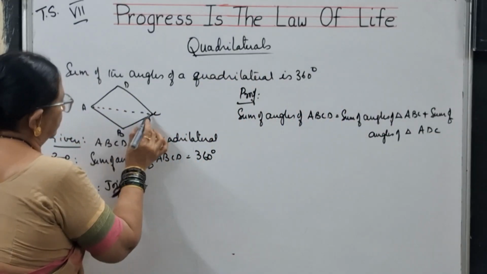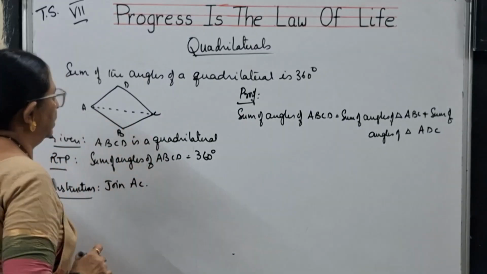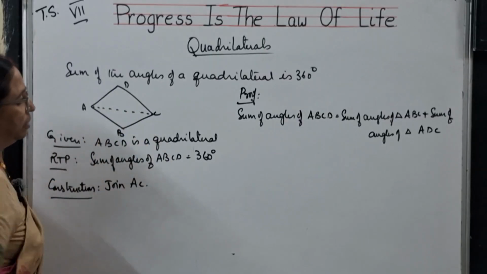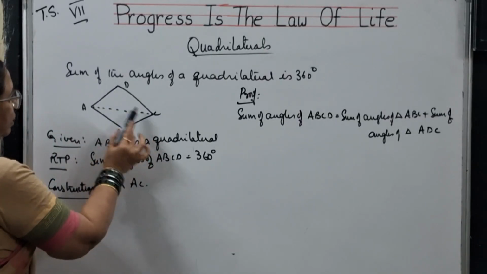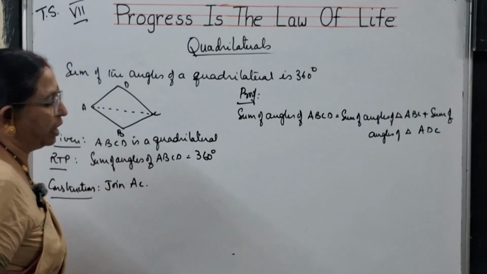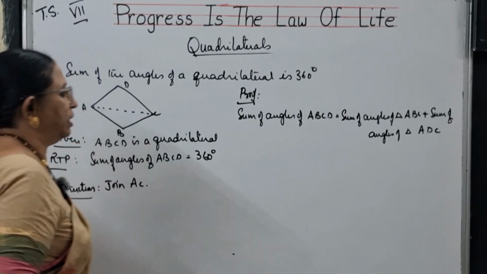Because you have joined this, you are getting two triangles. One is triangle ABC and another one is triangle ACD or ADC. Now, the sum of the angles of quadrilateral ABCD is nothing but the sum of the angles of triangle ABC plus the sum of the angles of triangle ADC.